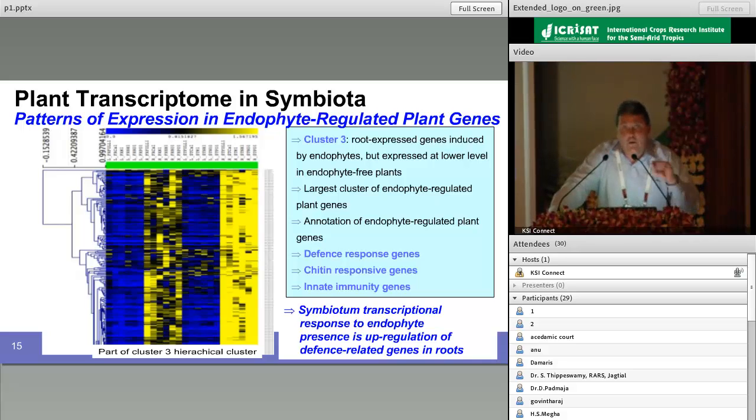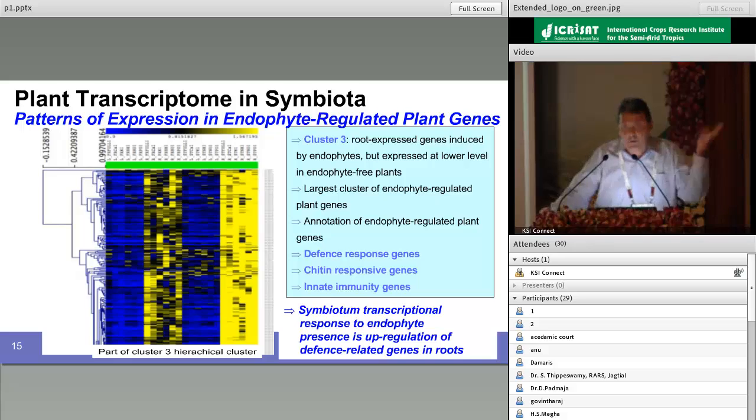And if we look at the ortholog in Arabidopsis, we know that loss of function of that gene leads to hyperbranching in both shoots and roots. So, in a sense, not only protecting the root system by upregulating the defense-related plant genes, but also playing an important role in plant architecture, development and growth.